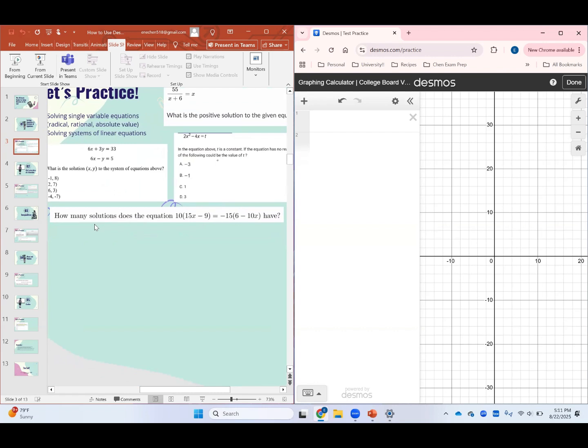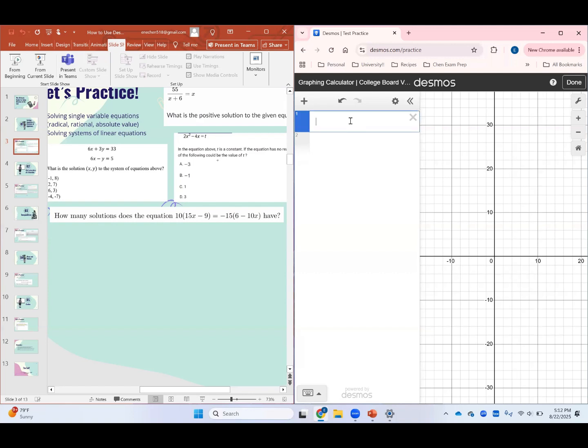And if the lines intersect once, there's one solution. And if they don't intersect at all, they have no solutions. But if they overlap, then they have infinite solutions. Okay, so those are my three different options that I have for answering this question.